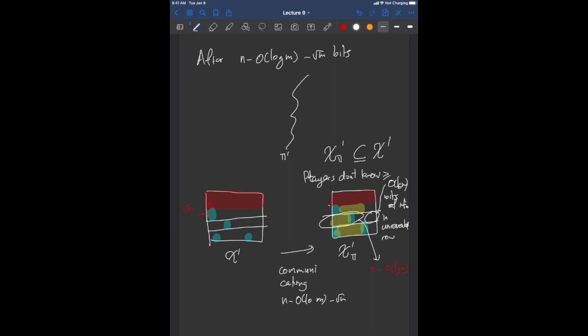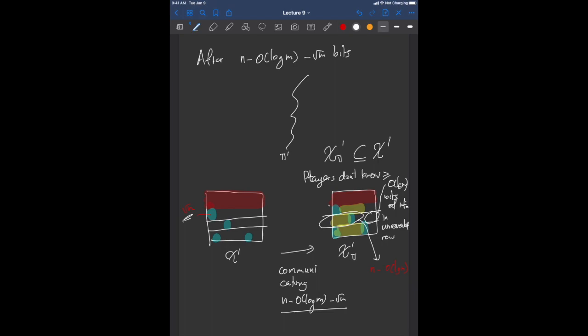This is fairly intuitive stuff. We're doing this kind of worst case calculation. Maybe they use this n minus order log m minus square root m bits of communication to understand one particular row. So it is possible that in that row they have learned this plus this amount of information, but even if you add all of them up, there's still order log m bits of information unknown in an unrevealed row.